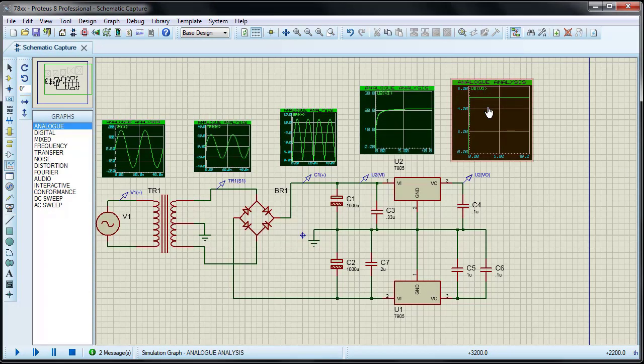After 7805, the voltage is largely stabilized.